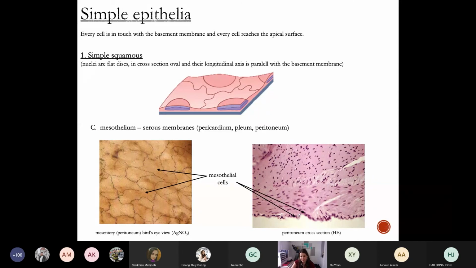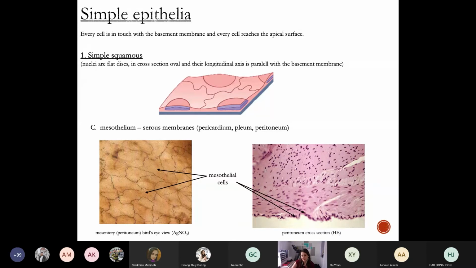Okay, here. The main characteristic of the mesothelial cells is that they build the so-called serous membranes of the body. The serous membranes of the body are these three, what I listed here, the pericardium, the pleura, and the peritoneum. These membranes will cover the heart, the lungs, and the abdominal cavity, respectively.